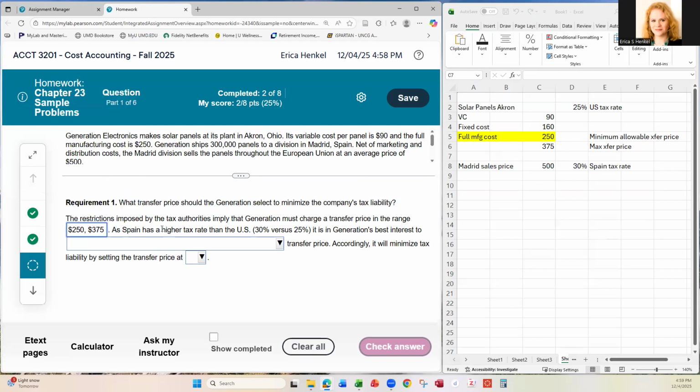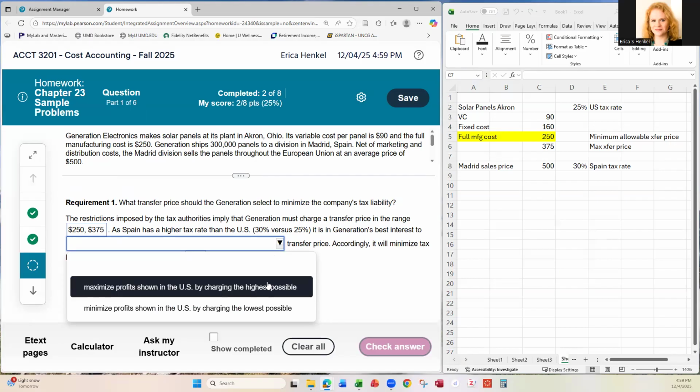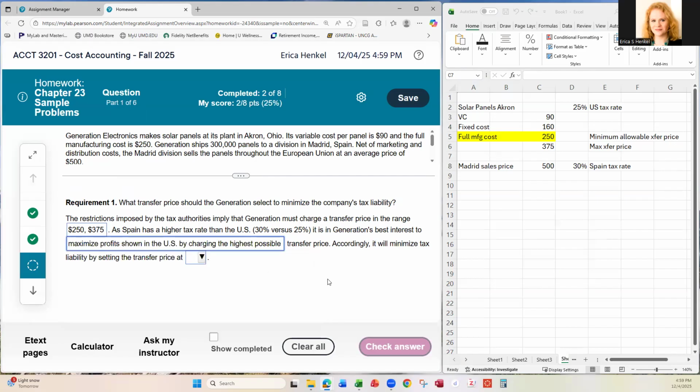As Spain has a higher tax rate than the US, Generation's best interest is to maximize profits shown in the US by charging the highest possible transfer price. So then the profits sit in the Akron location if they charge a higher transfer price.